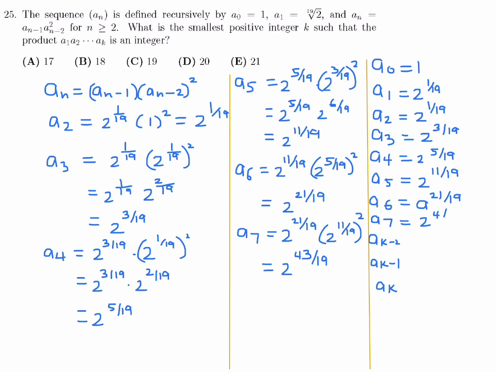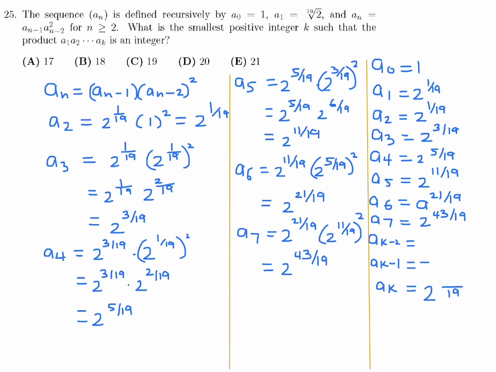All right, so it doesn't look like much of a pattern, but I did notice something by doing a lot of these: this exponent, whatever it is, it's always over 19. And it seems like you're taking the one right before it and adding 2 times the one before that.